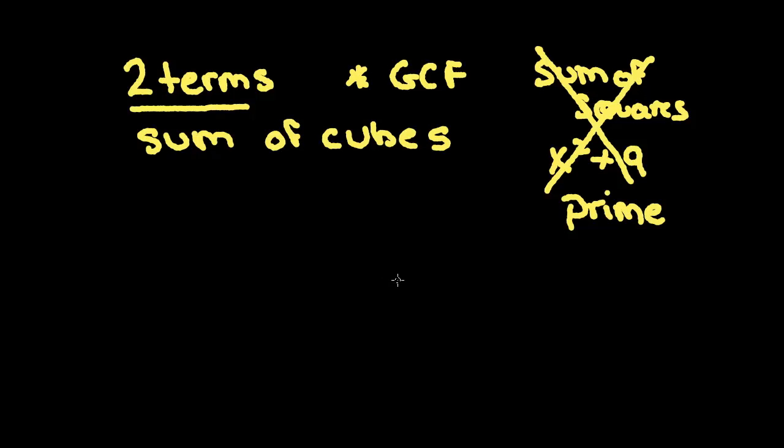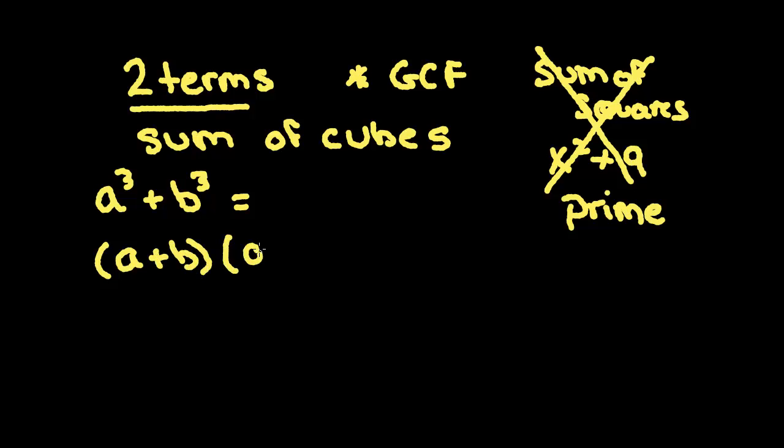So there's no sum of squares, but there is a sum of cubes. So if I have a cubed plus b cubed, that's going to factor into a plus b times a squared minus ab plus b squared. So same formula, the only thing that's different is these two signs switch places from where they were with the minus formula. But otherwise the formula is the same.